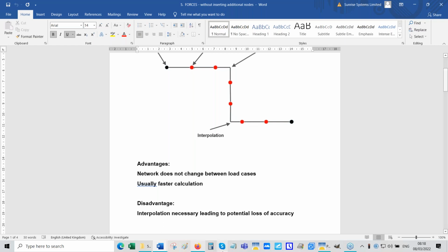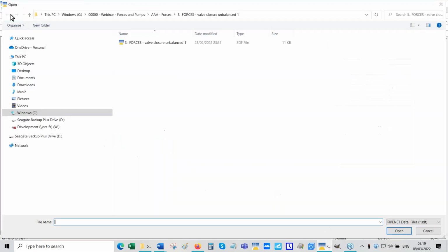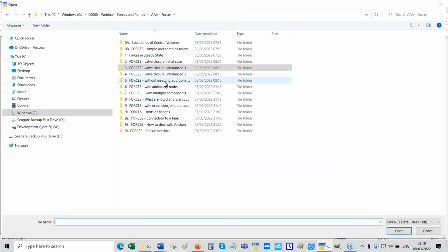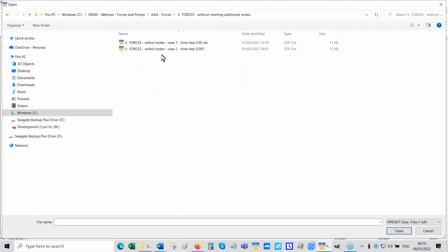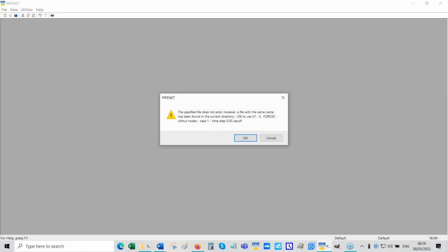And we can have a look at, if you like, the case. This will take quite a long time to calculate, so I will not calculate with that. So I'll show you how to do the calculation with this.